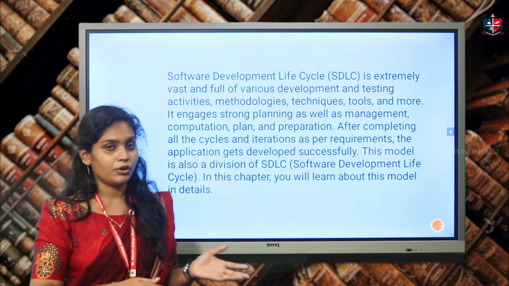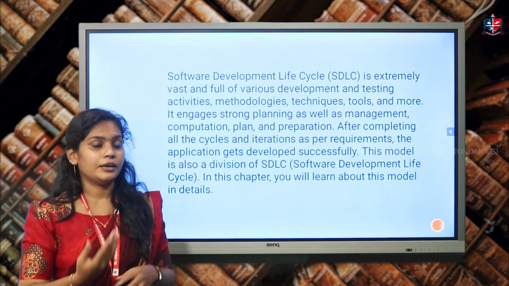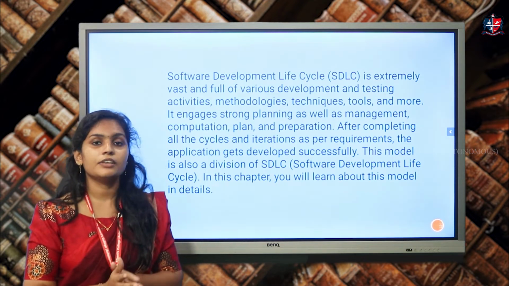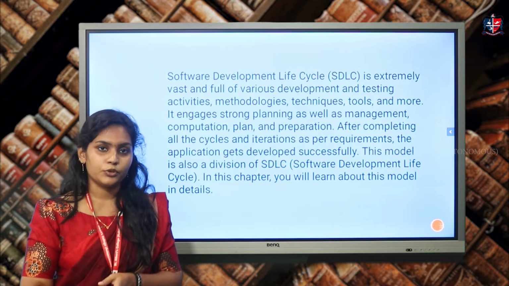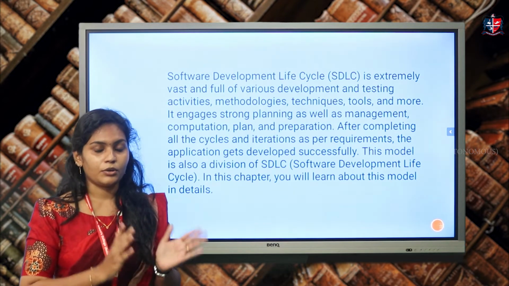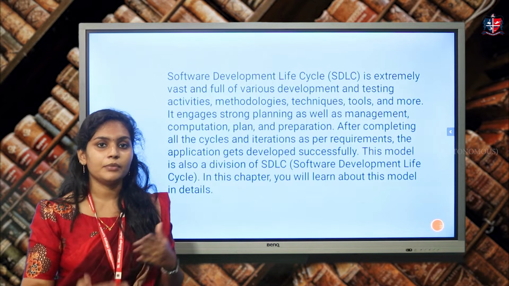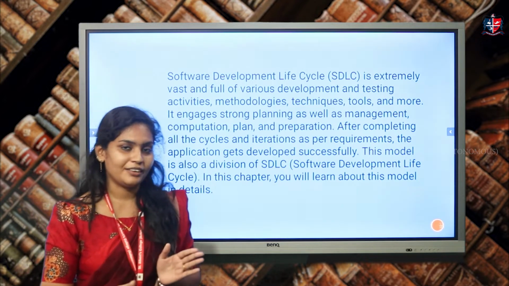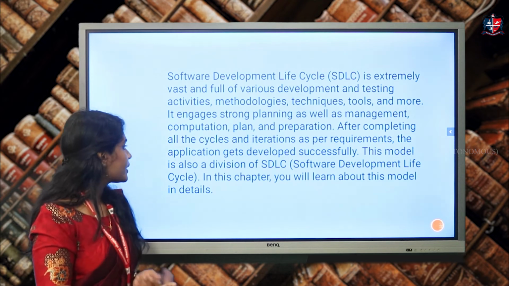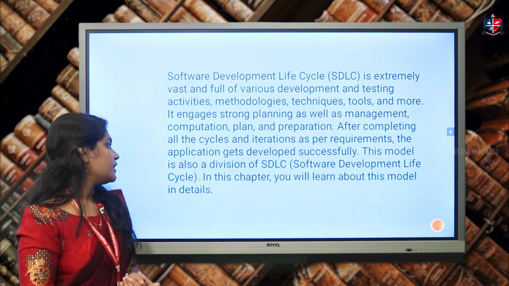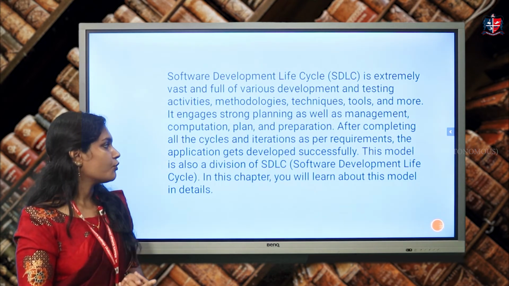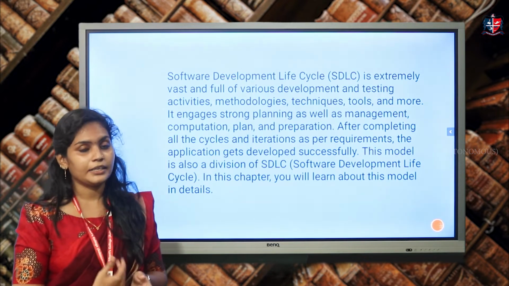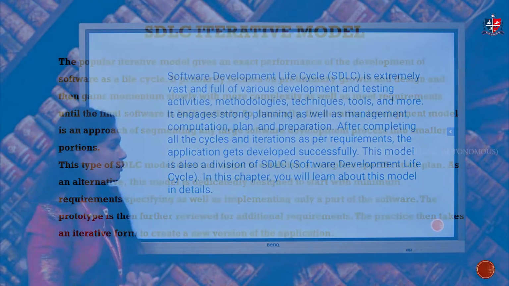That means if you develop a system or any software, after completing the phases we will get the final output. All phases will come one after another. And this model is also a division of SDLC, that means Software Development Life Cycle. In this chapter, we will learn about the V model and iterative model.